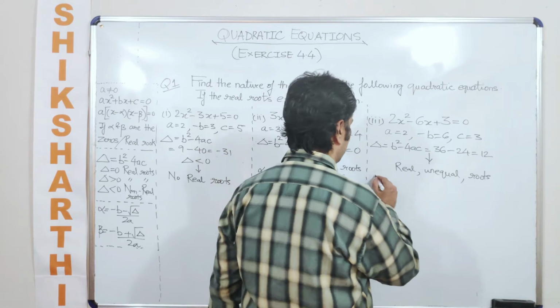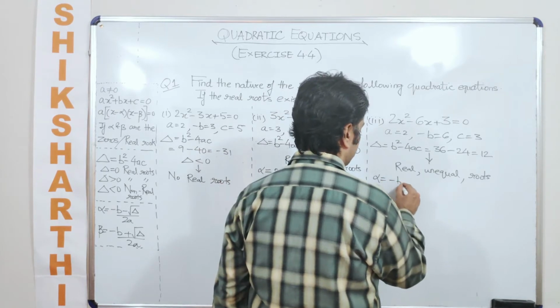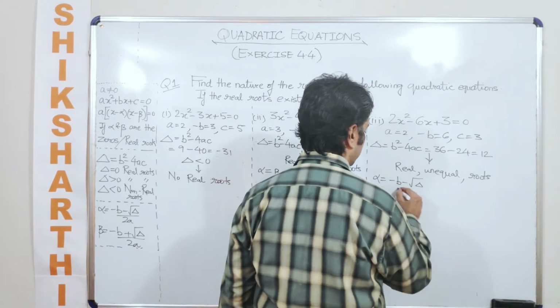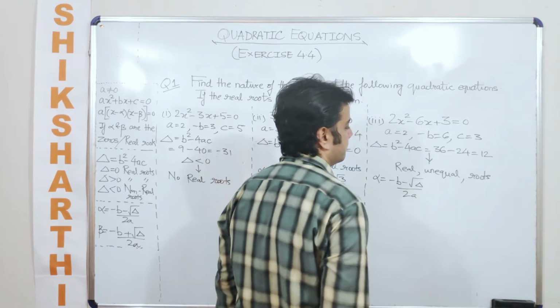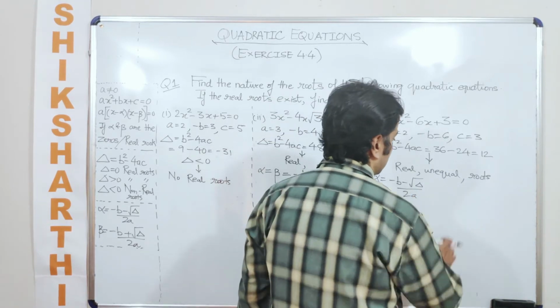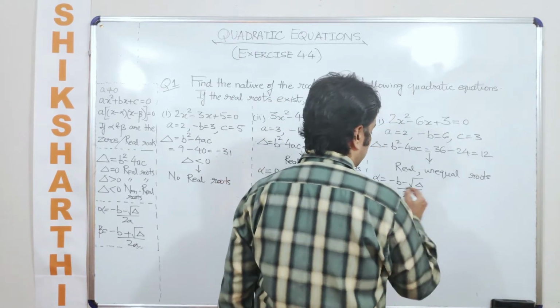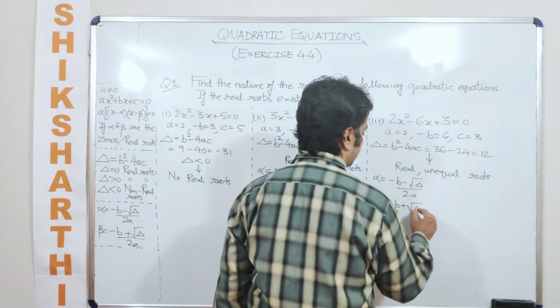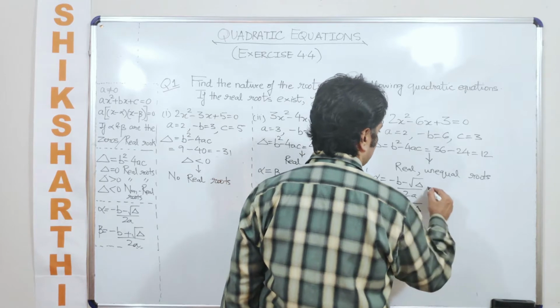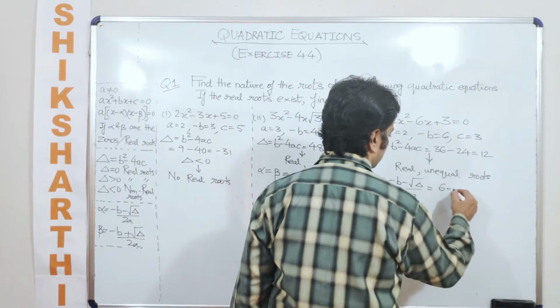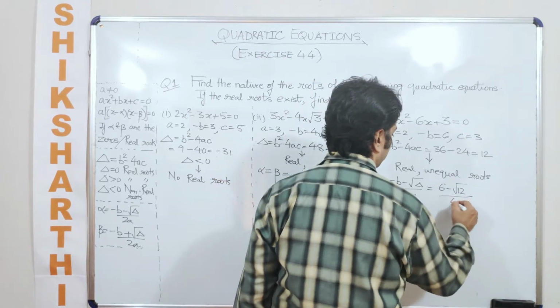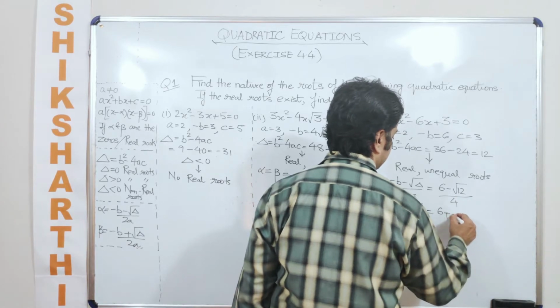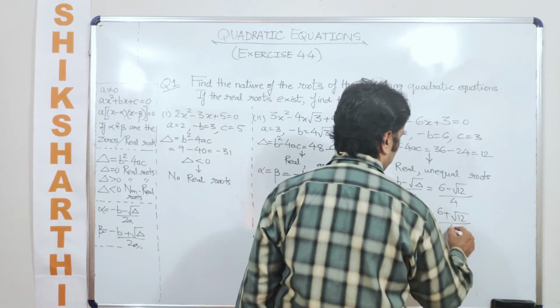Now let us find out the value of roots. We know alpha is equal to minus b minus root delta upon 2a, and beta in any case here is minus b plus root delta upon 2a. In the first case, you will say 6 minus root 12 upon 4, and in the second case 6 plus root 12 upon 4.